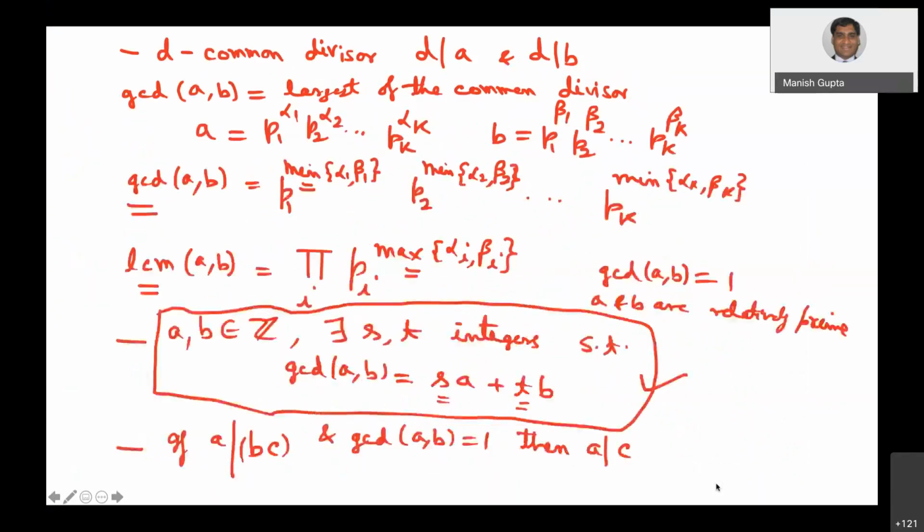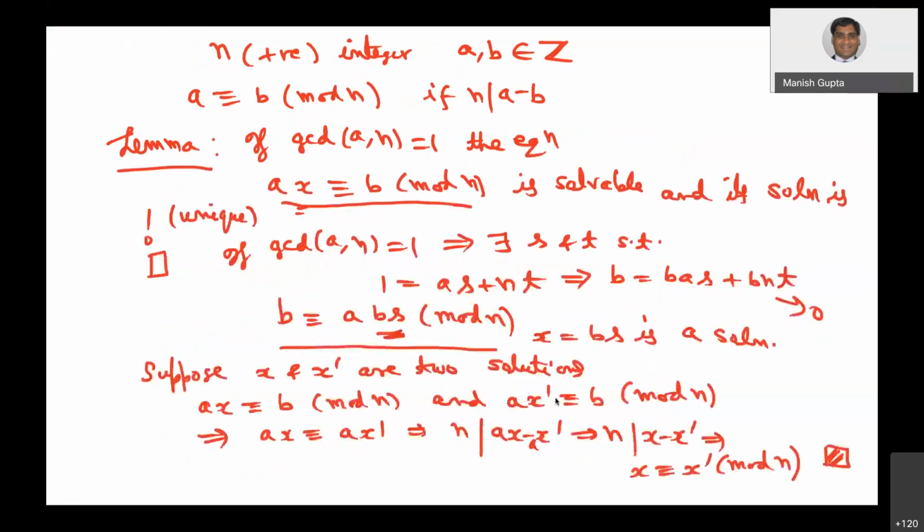You remember this result: if a and b are integers, then there exist integers s and t such that GCD of a and b is equal to s times a plus t times b. You know, if GCD of a and n is 1, then the equation ax congruent to b mod n is solvable and its solution is unique. Okay, this is another result.